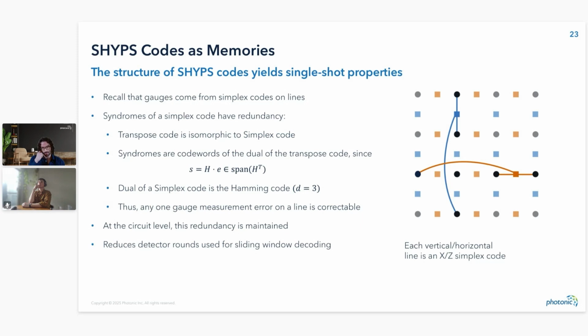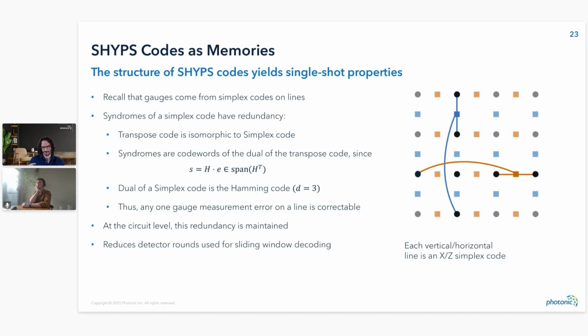The reason this happens is that the gauges we measure produce code words.